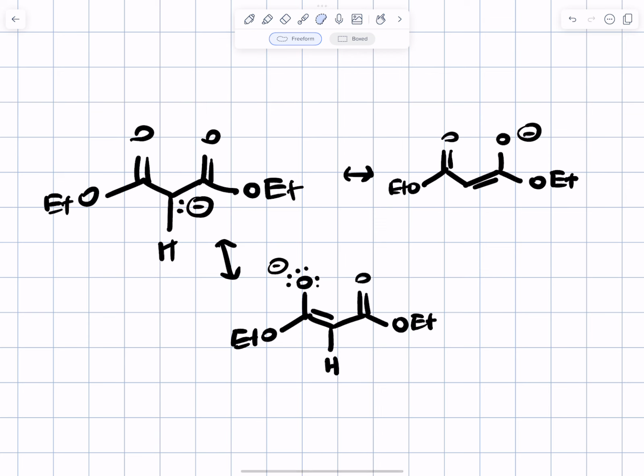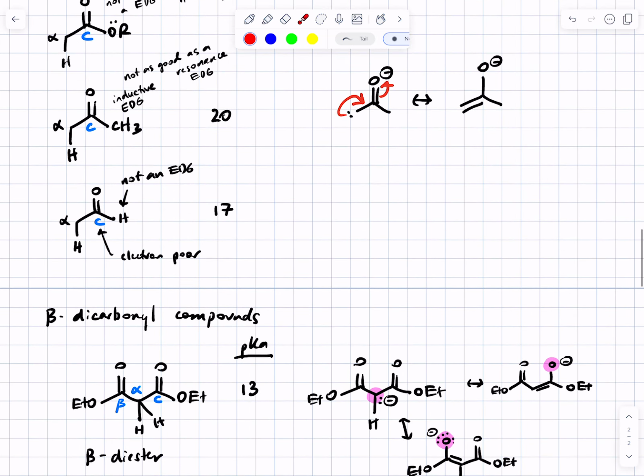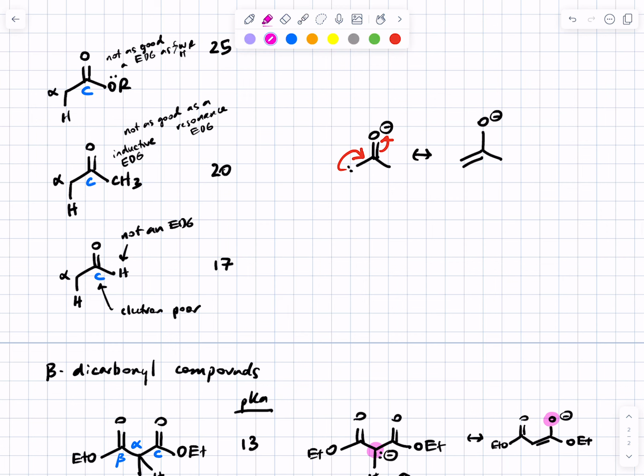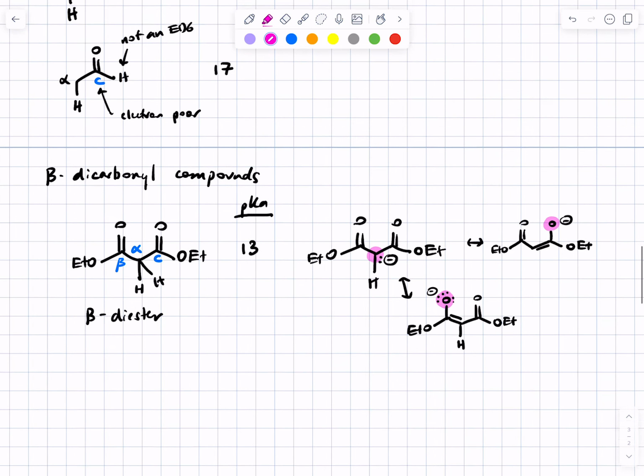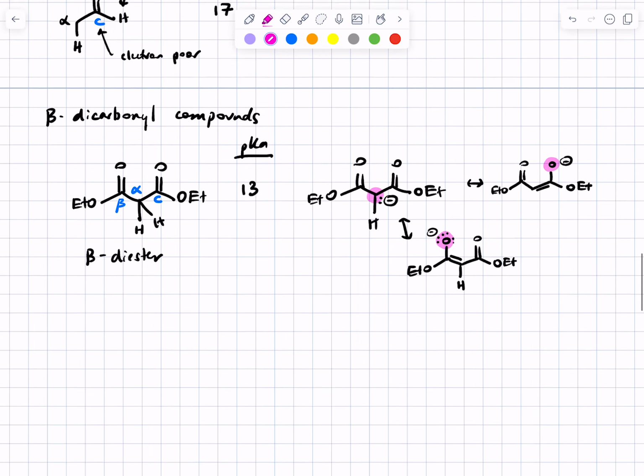And in any case, having that negative charge delocalized on 3 different atoms, 2 of which are oxygen, is more stabilizing than the enolate structures you've seen so far, where the negative charge was either on a carbon or an oxygen, but not 2 oxygens. Okay, so the effect of the second carbonyl group gives you an even bigger benefit.